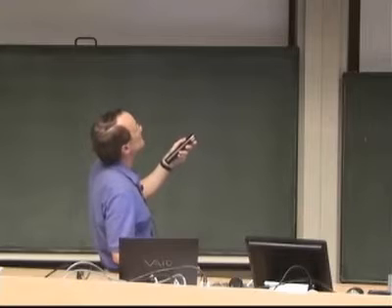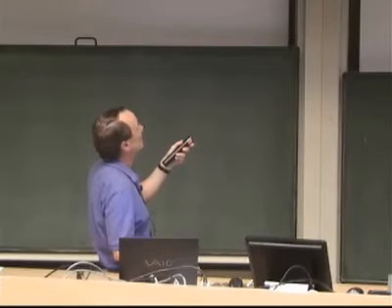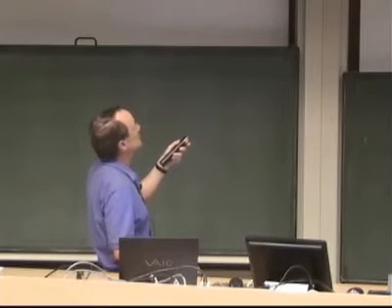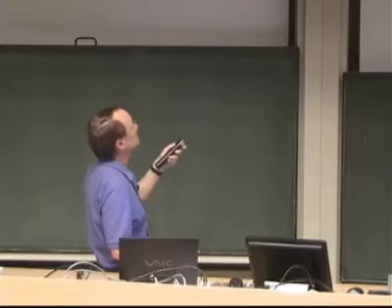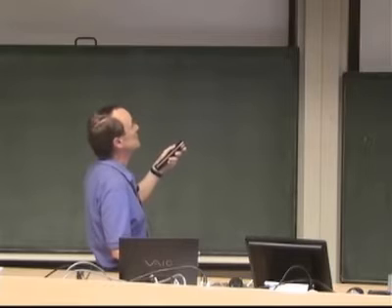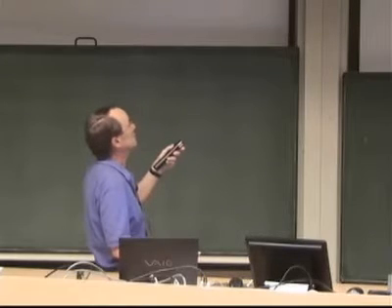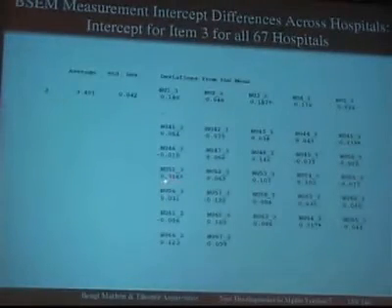So look here, for instance, hospital 51 for item 3, significantly different from the average by 0.316 higher than the average, and significant. So hospital 51 is in this sense not invariant across hospitals. It deviates from the average significantly.